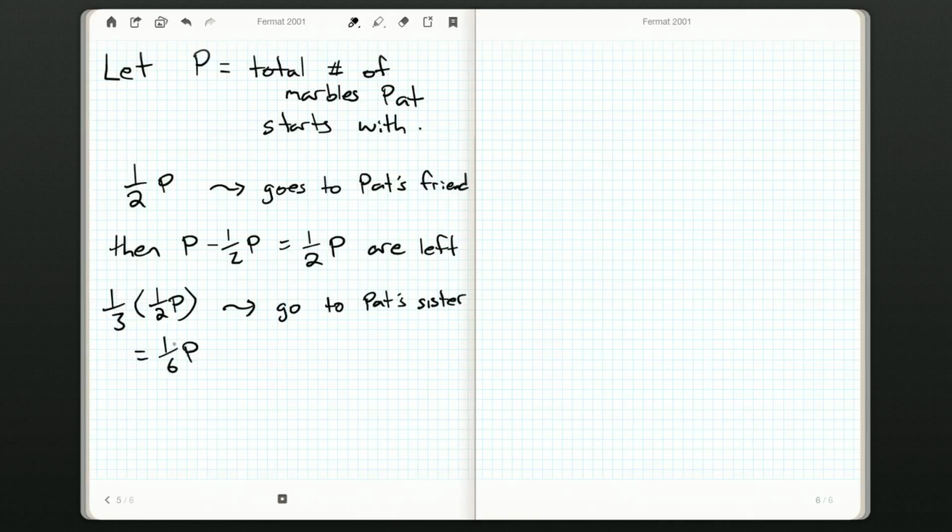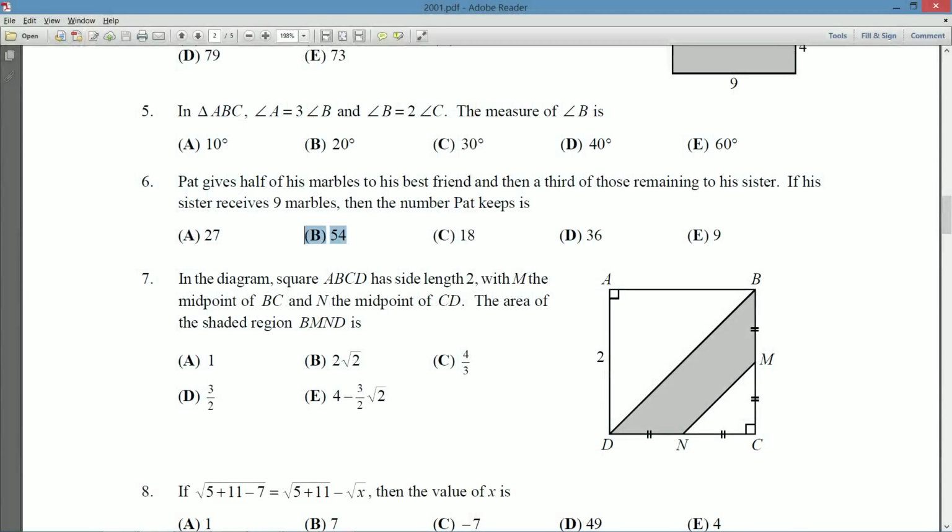So Pat's sister gets 1/6 P, but we know that she got 9. So if we rearrange this equation, we'll multiply by 6 on both sides. We know that Pat started, total number of marbles, P, started with 54. Now, if you check, 54 actually is one of the solutions here.